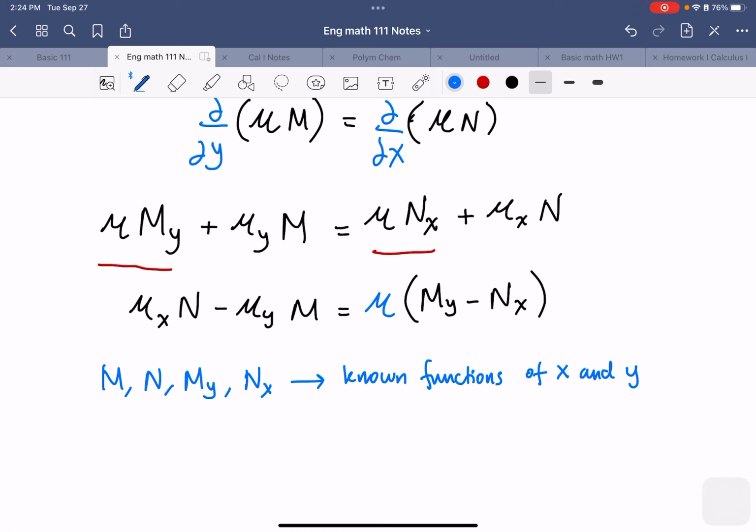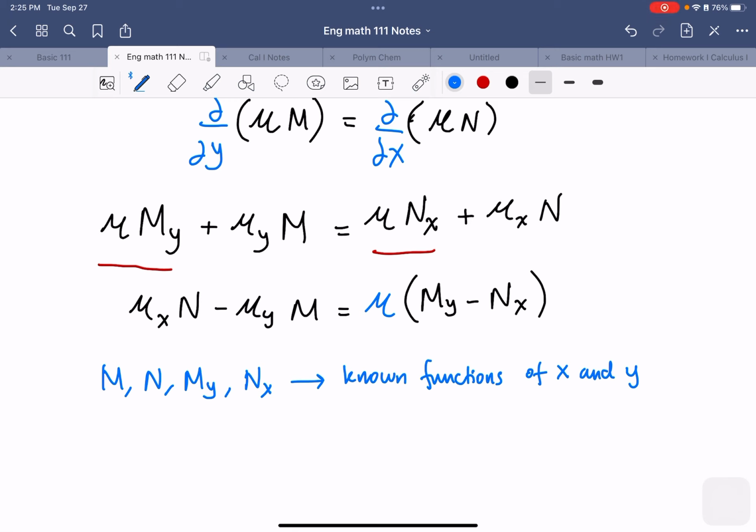Now the problem in our equation, to make our conclusions, is basically our mu. What is mu actually? Because it has all these elements here. To simplify the equations, we need to assume that mu is a function of one variable. Why is that? Because if mu is a function of one variable, either x or y, we can remove either this part or this part, and then we can simplify.